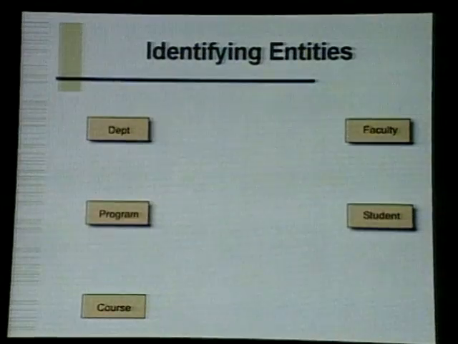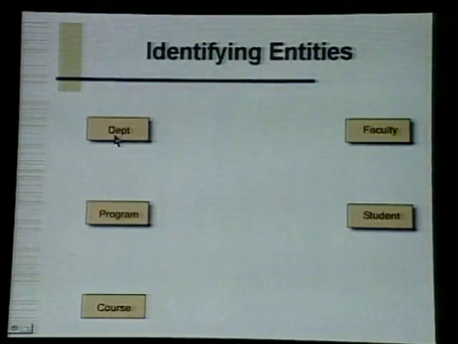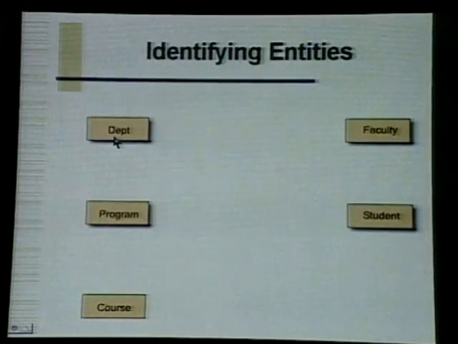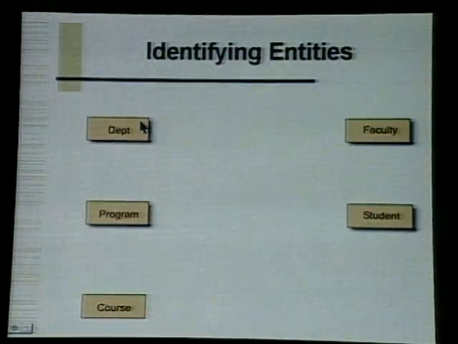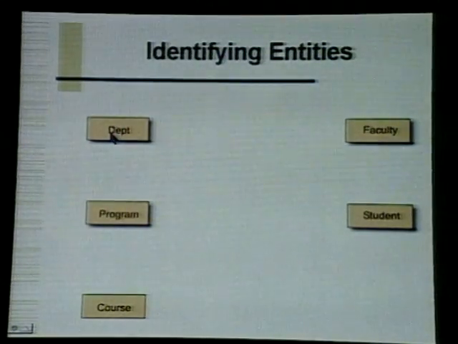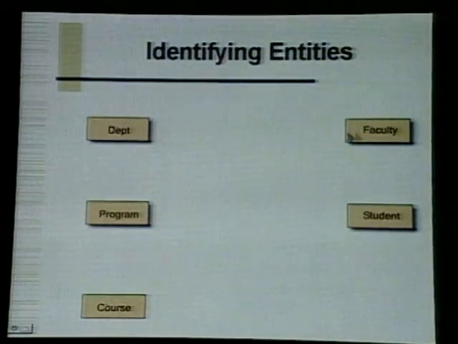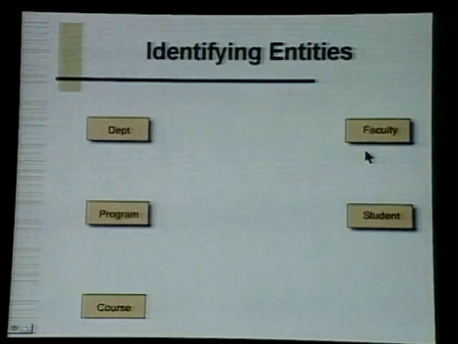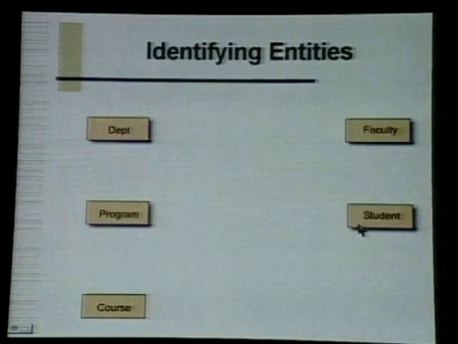The entities we have identified are the department, and now you can see that we are showing the entity or the entity types using a rectangle. And inside the rectangle, we write the name of the entity or the data object. Another entity we have identified is the faculty, the teachers teaching in that university.